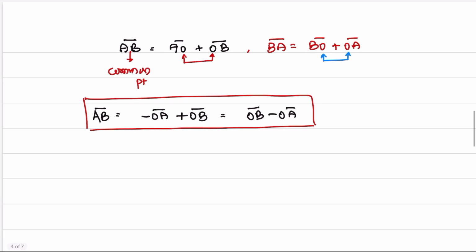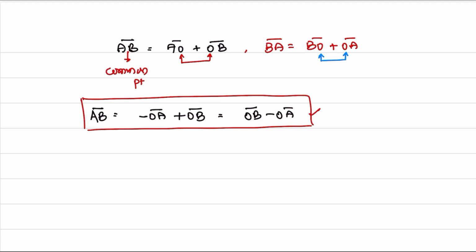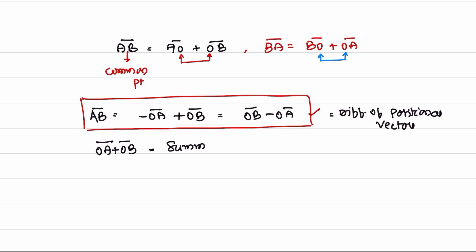This is like Z minus W or W minus Z. Now, what is OA plus OB? OA plus OB is the summation of the positional vectors.